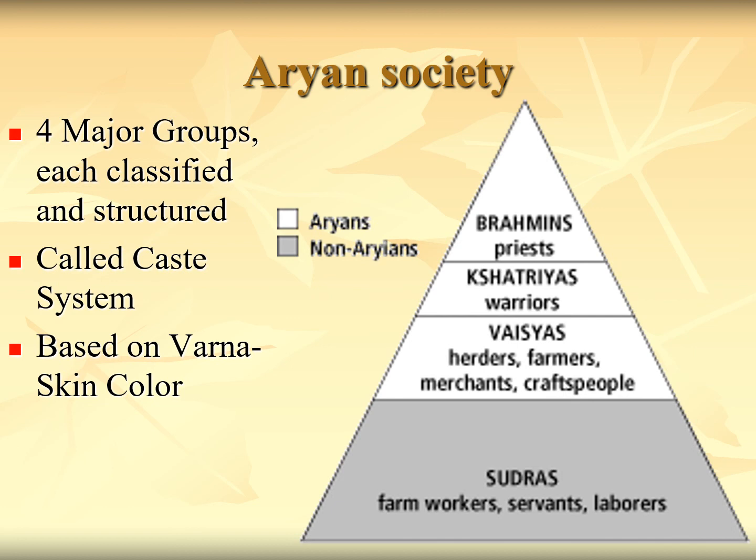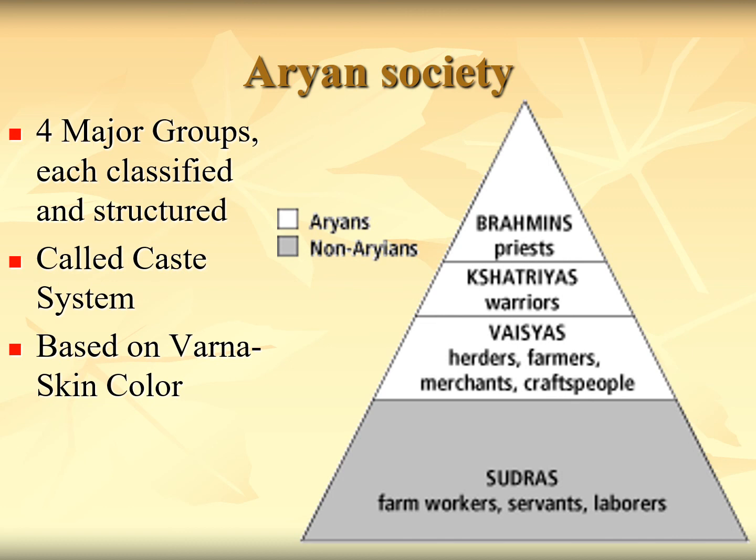This system was based on what they called Varna, or skin color. The Aryans who had migrated into the Indus River Valley were lighter skinned and taller, and their goal was to keep those who had come from Dravidian society, the descendants of the Harappans, who had darker skin, at the bottom of society.